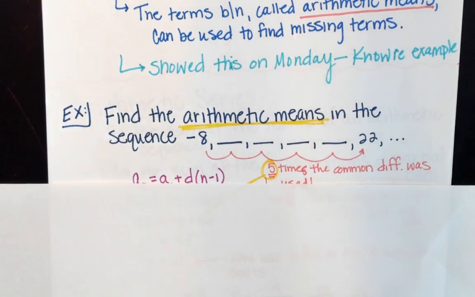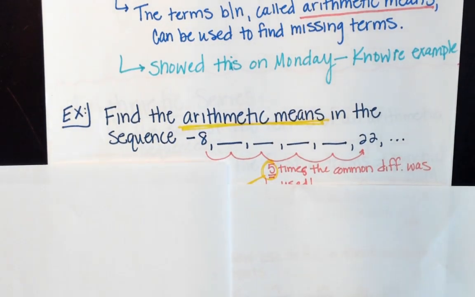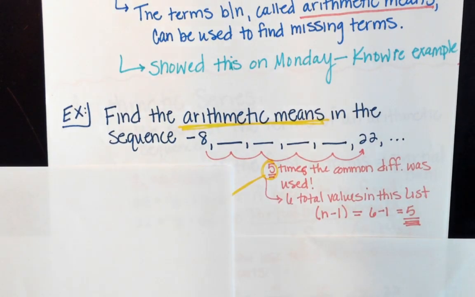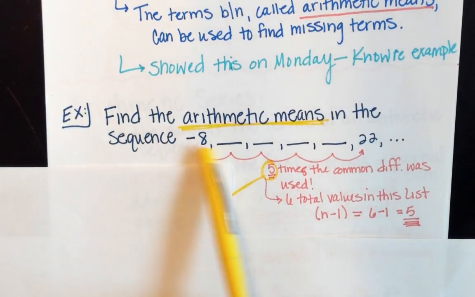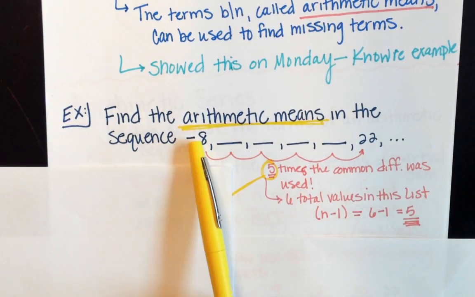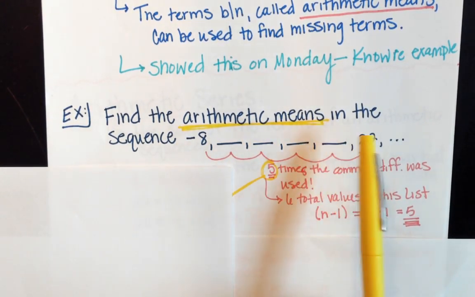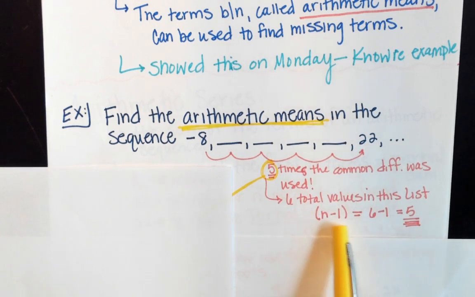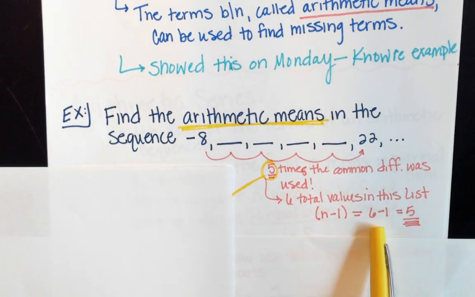Now, if you are referencing the book at all, what you're going to find is that they're going to go through this reasoning as to where that 5 times comes from. Well, it's this idea that in this set of numbers that we have 1, 2, 3, 4, 5, 6. n minus 1, 6 minus 1 is 5.